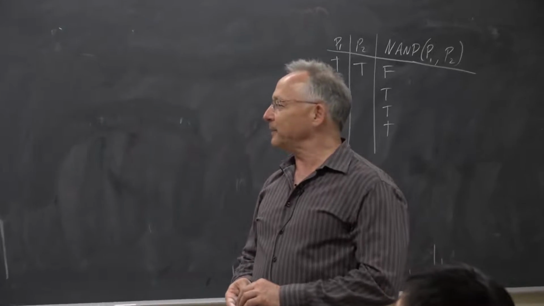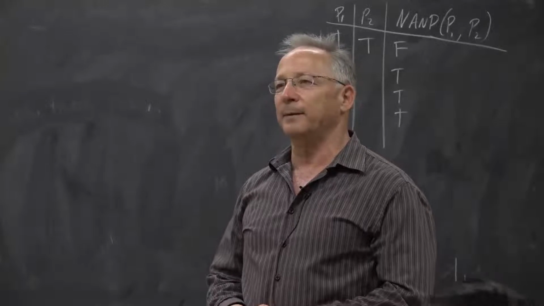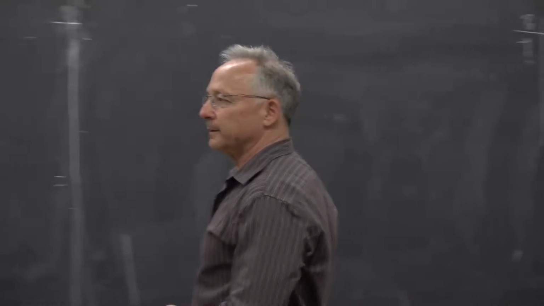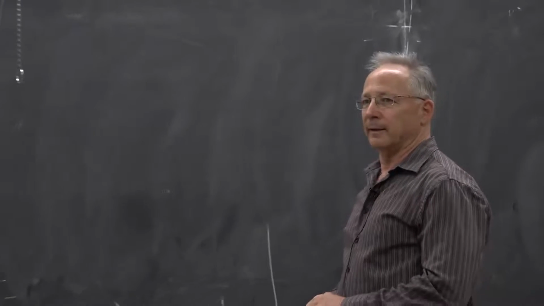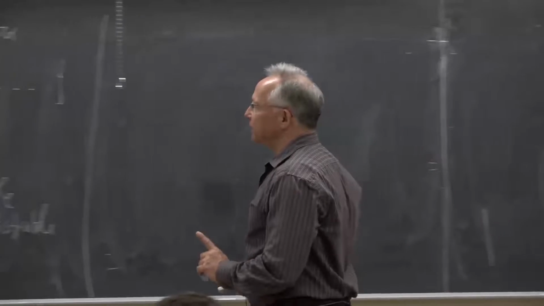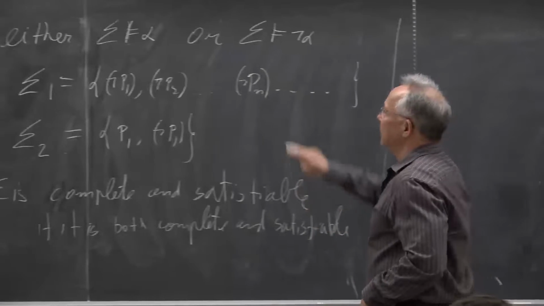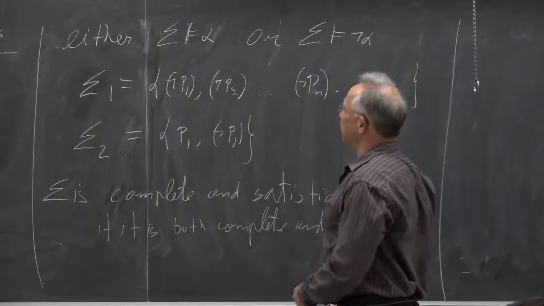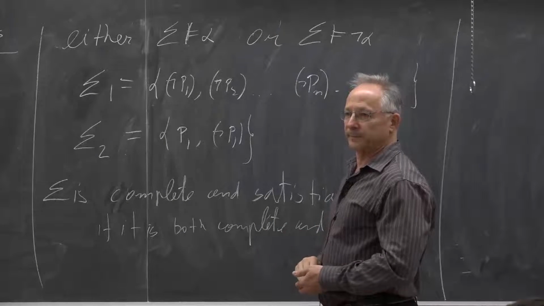Now, the not so easy is, can you give me an example of a system which is both complete and satisfiable? And note that completely satisfiable is the same thing as saying that instead of having or here, I will add but not both.